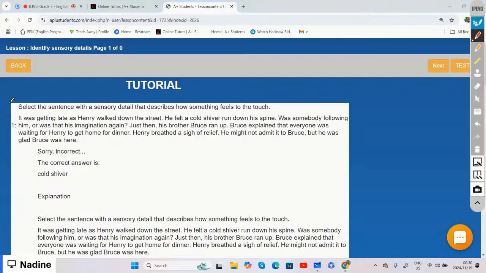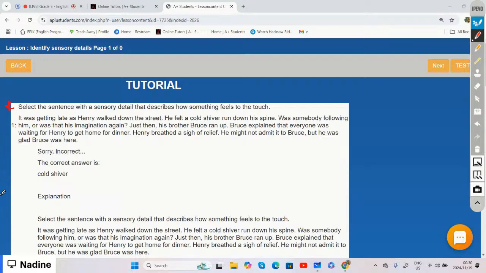Looking at the first one, it says we need to select the sentence with a sensory detail that describes how something feels to the touch. Right? So we need to select the sentence with a sensory detail that describes how something feels to the touch.